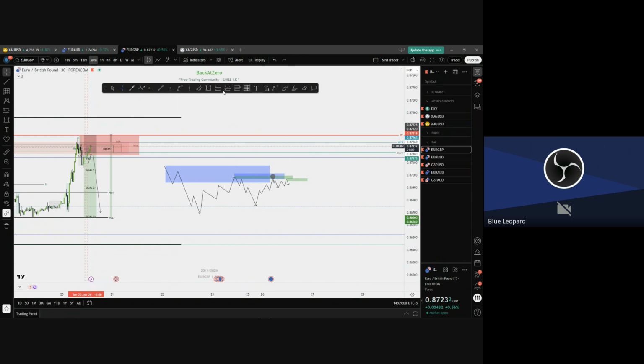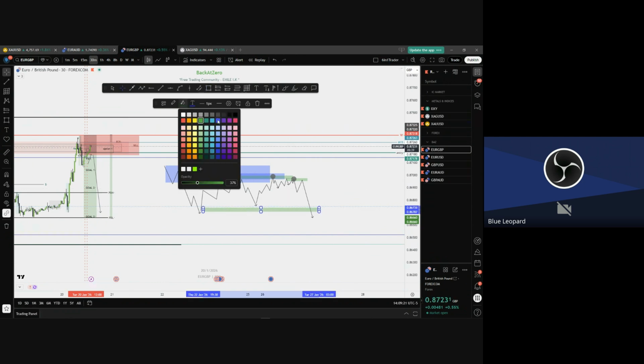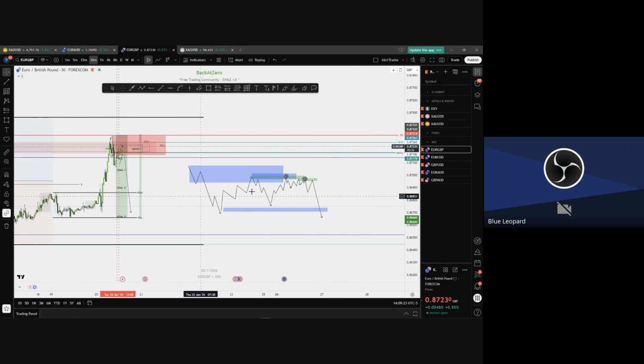But then price will come and give you this and drop from option two. You can take it here or here. But anyways, you target the M30, the next M30 down here. When you do that, you have the strategy.